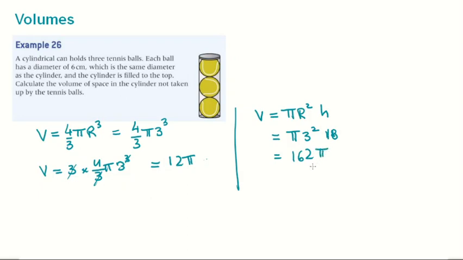If I'm not mistaken, I think that's the value. So we just subtract those two. The empty space would be 162 pi minus 12 pi, which would be 150 pi cubic centimeters.